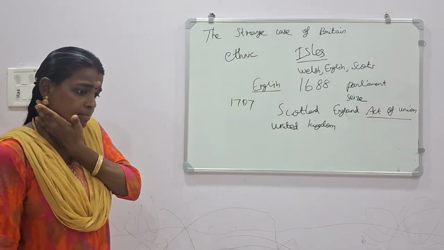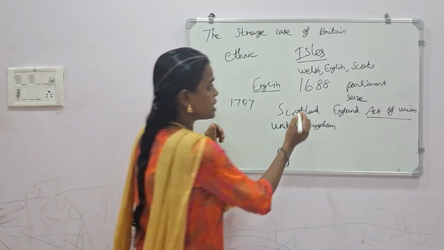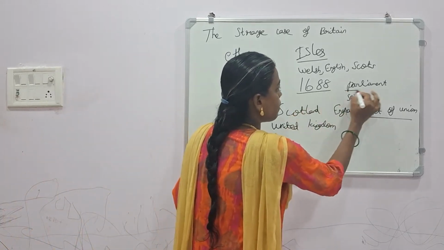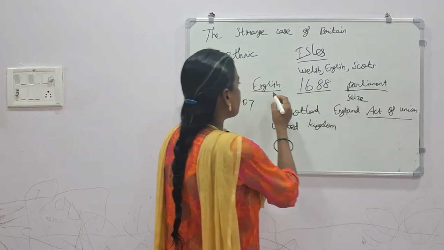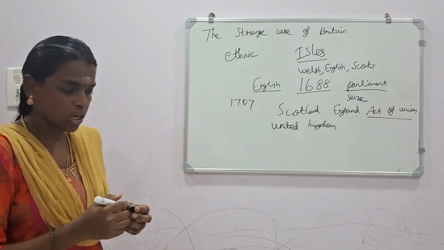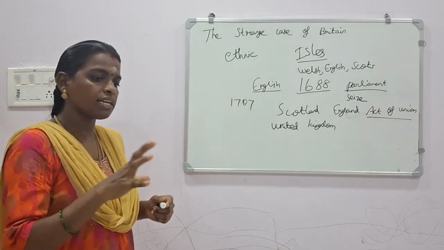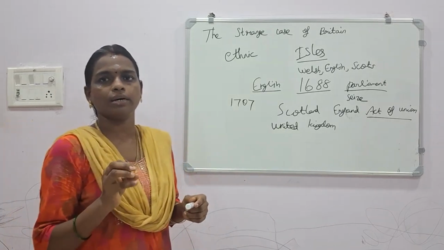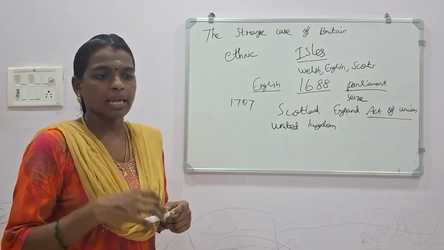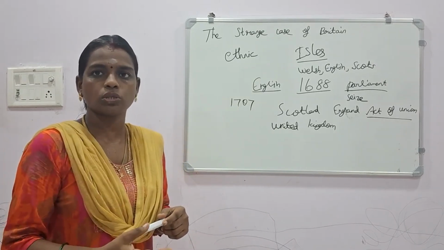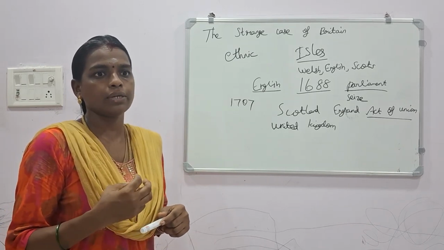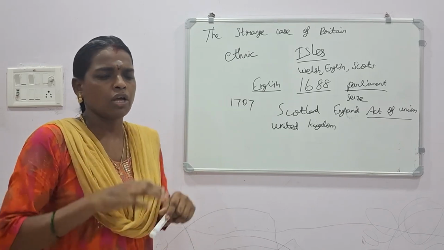And as I already told you, in 1688 the whole parliament was captured by the English people. Most of the English people occupied the role in the parliament. They didn't give any rights to the Scottish people, and they didn't do any favor to them.